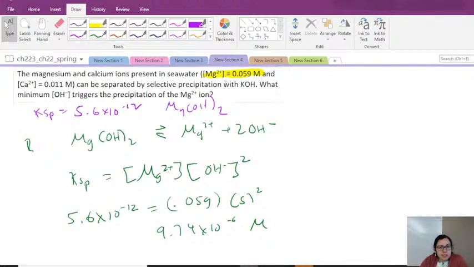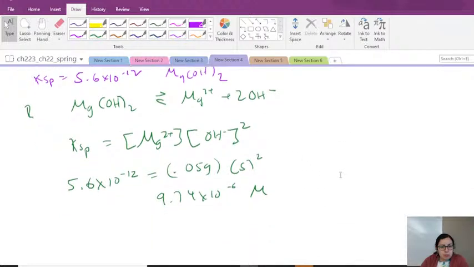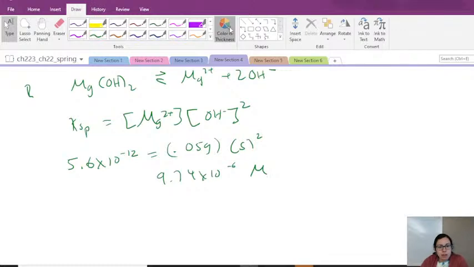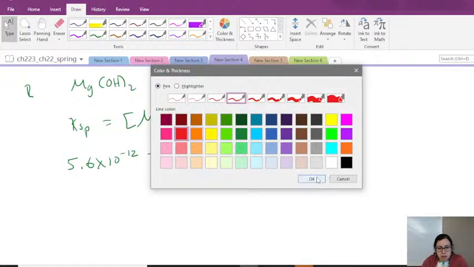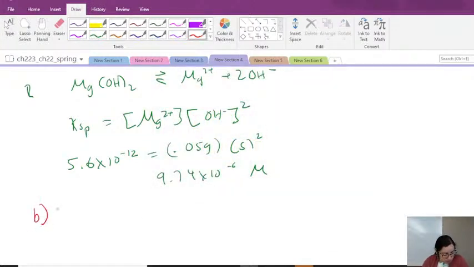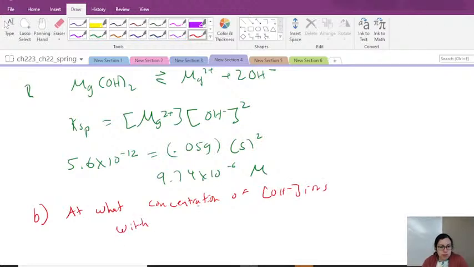So now let's ask a different question with this problem. And so now we'd want to know, so part B to this, at what concentration of hydroxide ions will calcium hydroxide precipitate out?